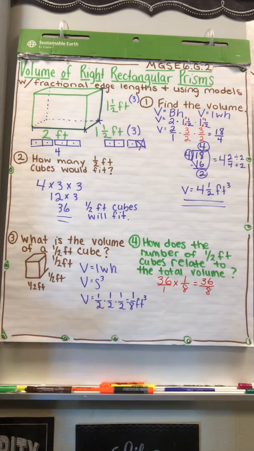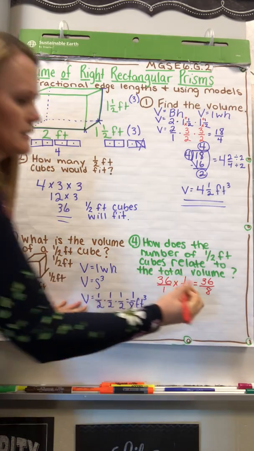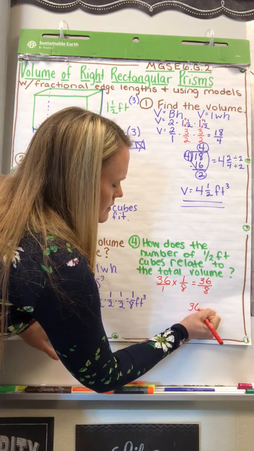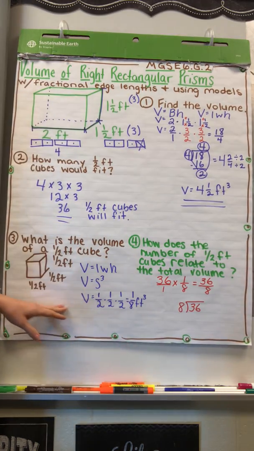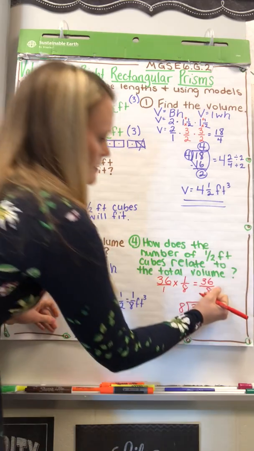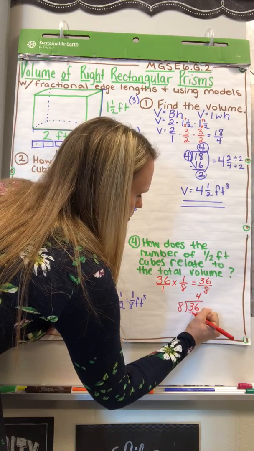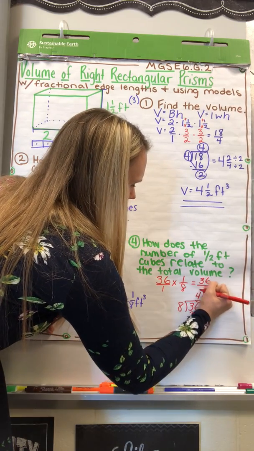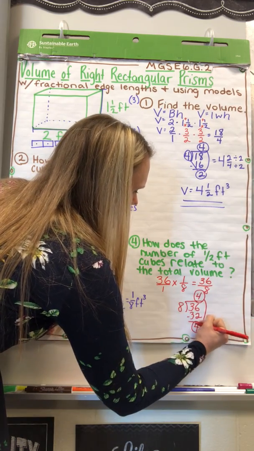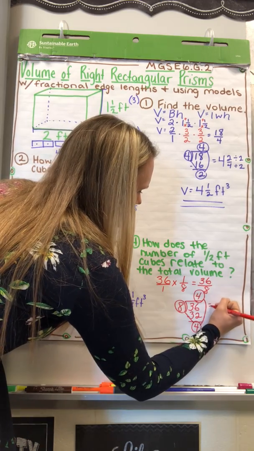That's an improper fraction. So we need to do 36 divided by 8. How many 8s are in 36? There are 4, and 8 times 4 is 32. Got 4 left over. So that gives us 4 and 4/8.